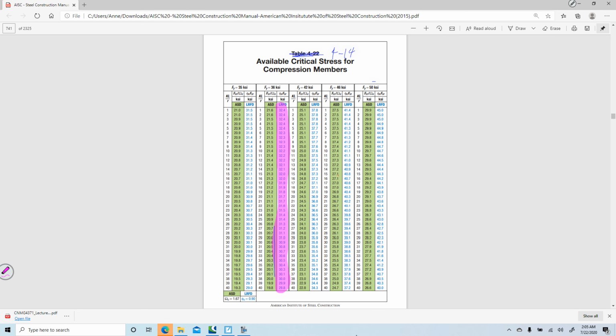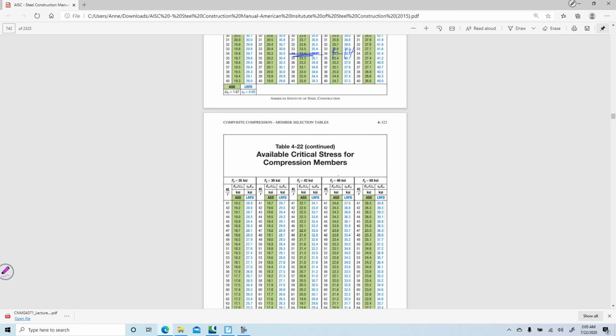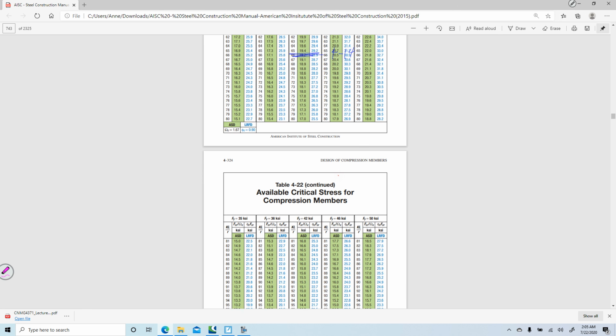If you have a slenderness ratio that is 32.2, you can interpolate. Now granted, that's not 32.2, 32.1, that's not that different. But we're going to learn all about interpolation. Again, phi is 0.9, this is our critical stress, and it goes through a bunch of different slenderness ratios.